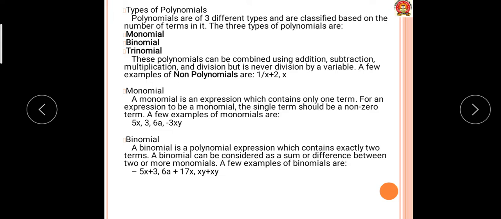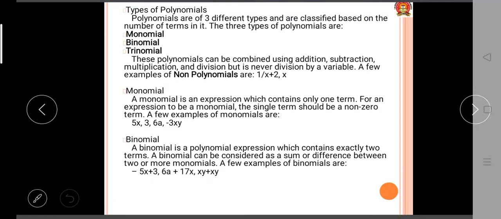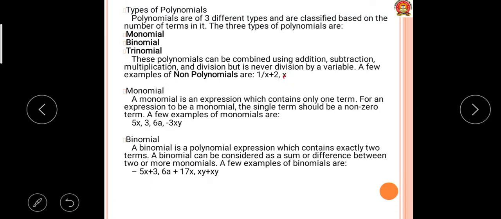Because x plus 2 is a polynomial, but it is in the denominator, and when you take it upside, its degree will change, that is to a negative. So always remember that a polynomial never has a negative degree, never a negative power. The degree of a polynomial should be a positive integer, I am saying.